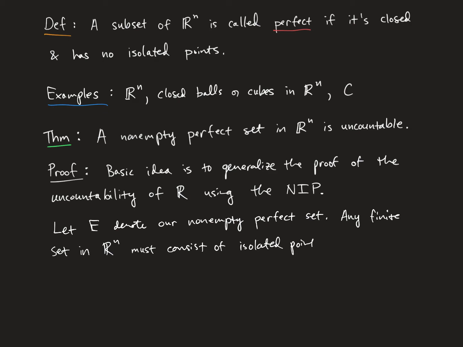That can be a little exercise for you. Maybe I'll throw that on a homework. So E must be infinite. Right, E is perfect, so it has no isolated points. So it's either countable or uncountable.